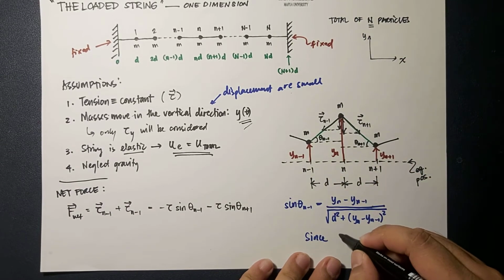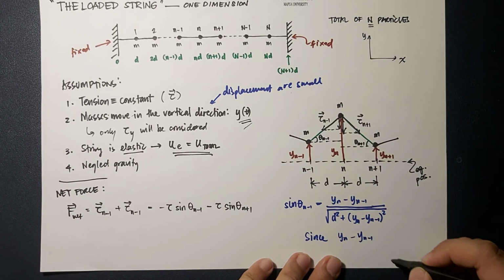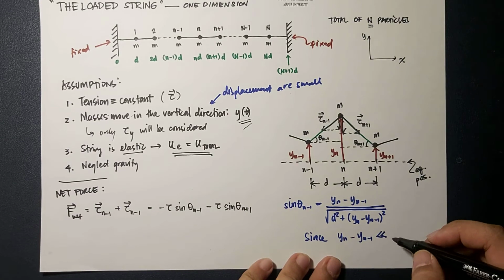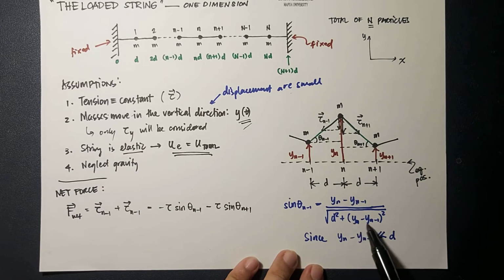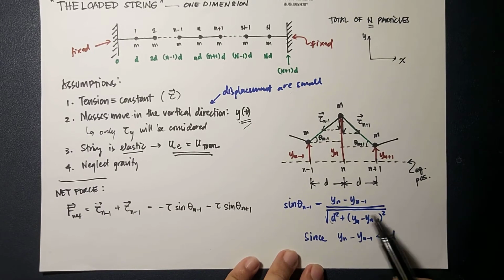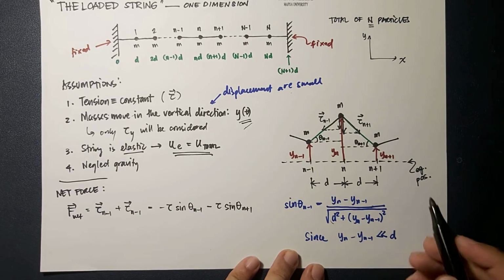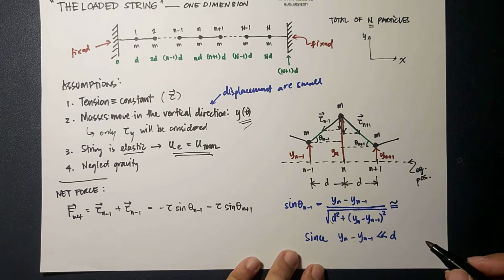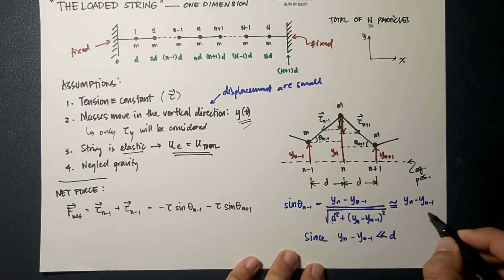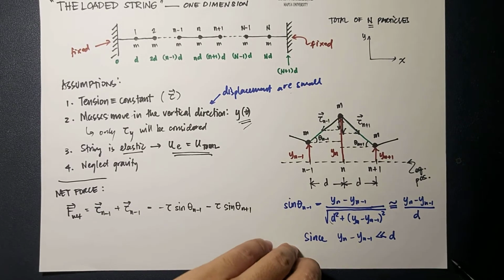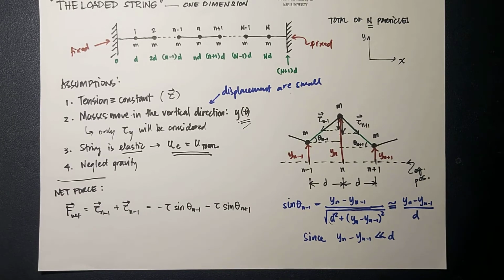In other words, yn minus yn minus 1 is much less than d. So if this is much smaller than d and you square it, this term becomes negligible. So this will be approximately equal to yn minus yn minus 1 over d. Same goes for sine theta n plus 1.